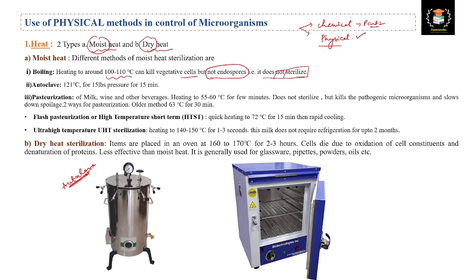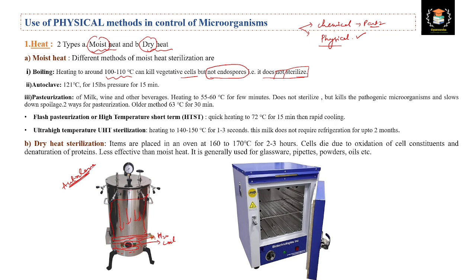Here there is a gasket, here there is a heating coil, and here you fill it with water. There is water over here. You put your things here, and then you set it and close it tightly.